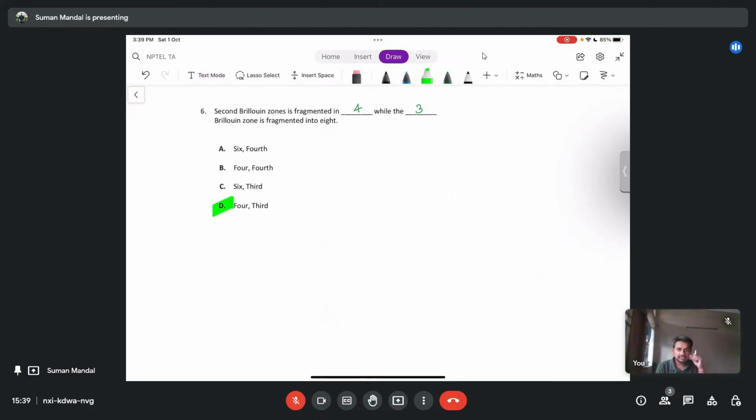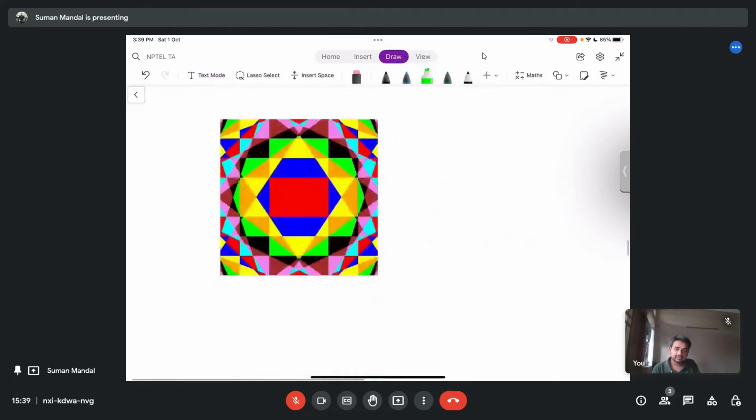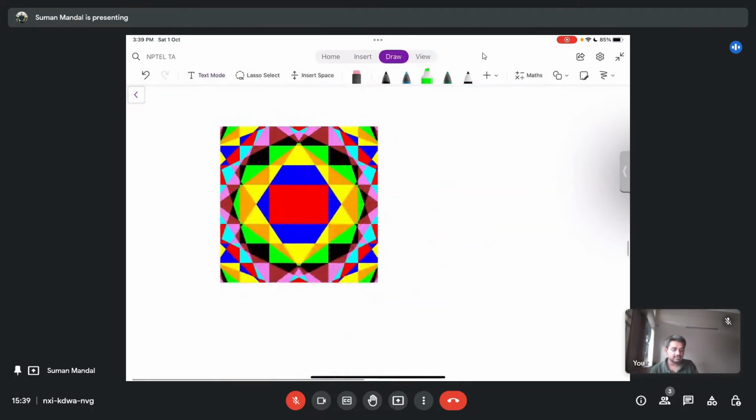Let us also consider what other Brillouin zones look like. This is only for the square lattice. If we consider a rectangular lattice, then we see that the shape of the Brillouin zone changes and also the number of fragments changes. This is for a rectangular lattice, in reciprocal space.